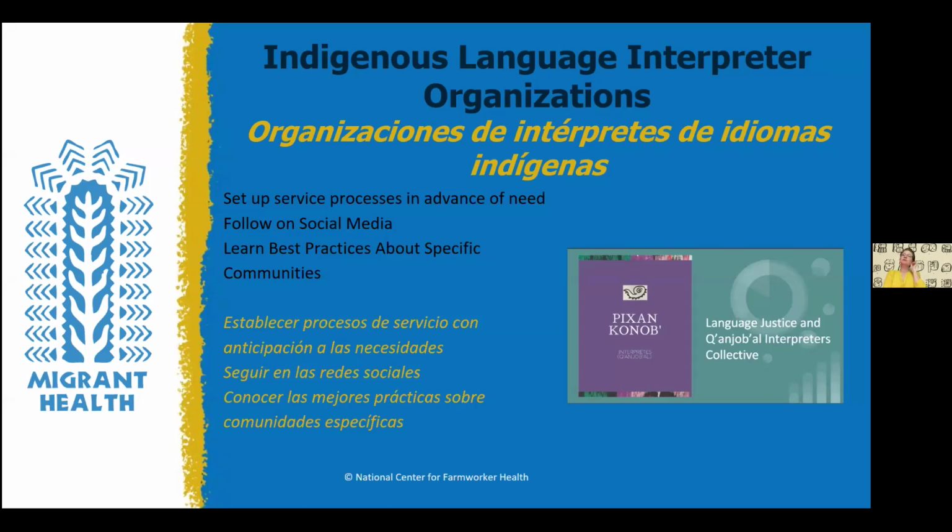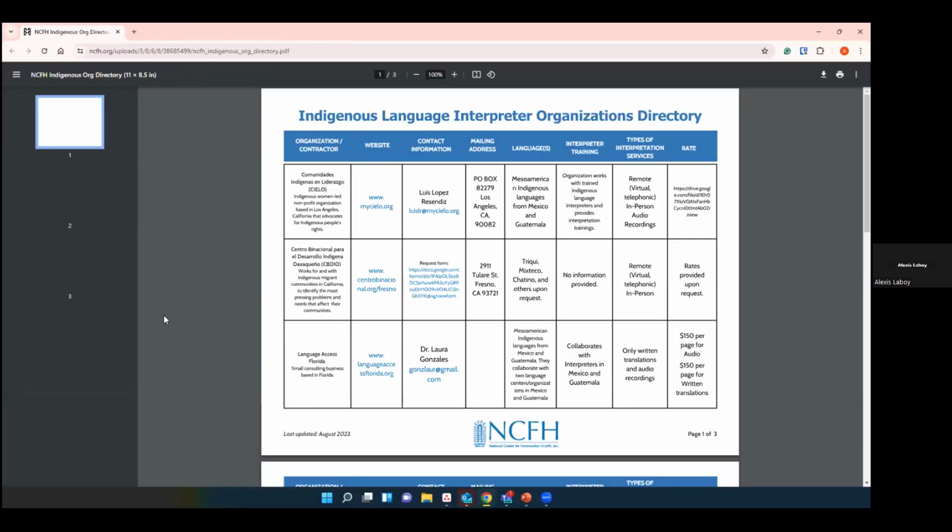So as I said before, ideally you are getting a sense of the languages that are spoken by people who are going to be needing your services or even in your region.